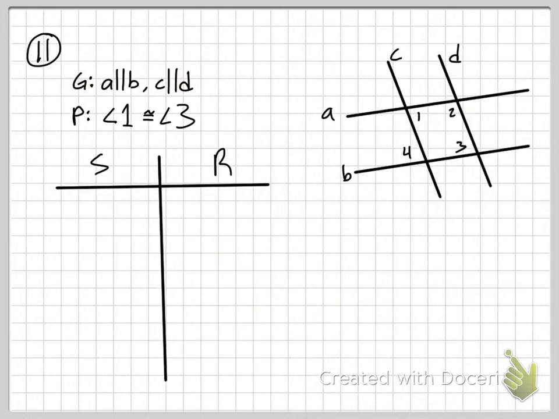Okay. In our next example, it's the same diagram, but we're going to talk about how there are different ways to skin a cat. There are multiple ways to get the evidence that we need. So we're going to start at the top here. We have our given.